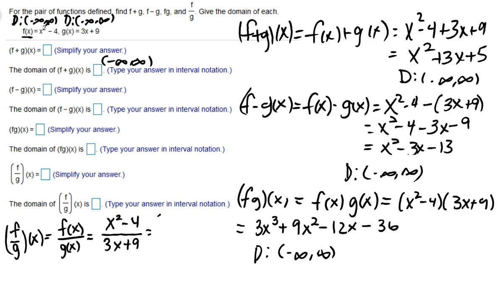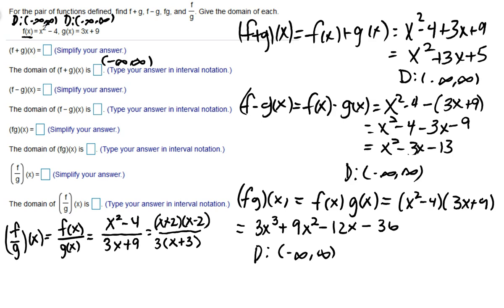Your numerator here can factor, it's a difference of squares, x plus 2 times x minus 2. Your denominator, both of these terms have a common 3, so I can factor out a greatest common factor of 3. So we get 3 times x plus 3, and I notice that there are not any common factors, so this is as far as you would need to go. It is in lowest terms or simplest form.